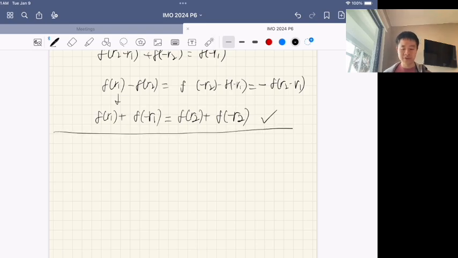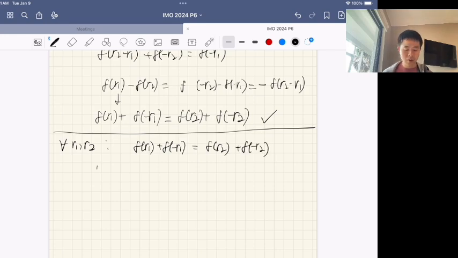So basically we have just shown that for any R1 and R2, either those things are the same, or f of R1 plus f of minus R1 equals 0, or the other one is 0.